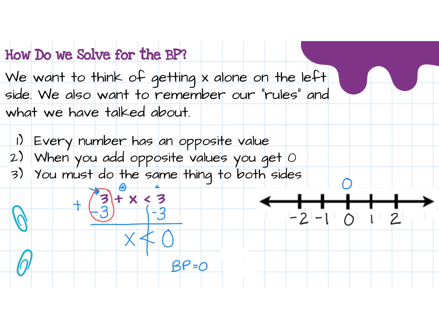But I'm talking about values of x that are less than 0. So I'm coming way over this way. And I'm going to make myself a nice defined arrow. That is the way that we prove the value for the boundary point of 0 for 3 plus x is less than 3. So that probably feels pretty confusing.